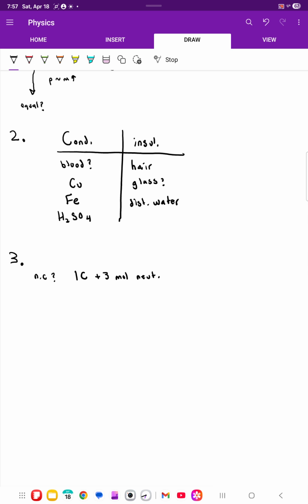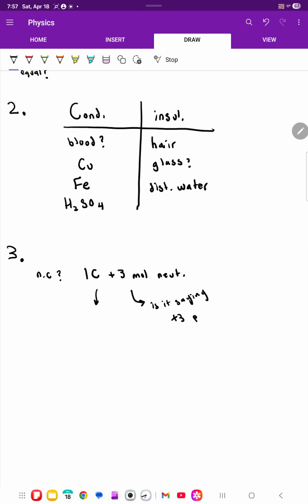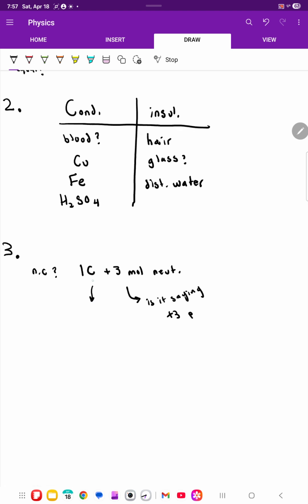It's an interesting question. 3 moles of neutrons. Is it saying 3 moles of electrons plus 3 protons? Is this saying 1 electron? Then maybe the net would be positive 2?